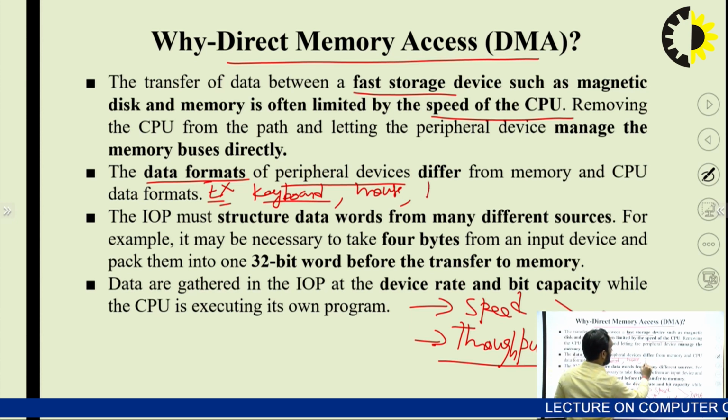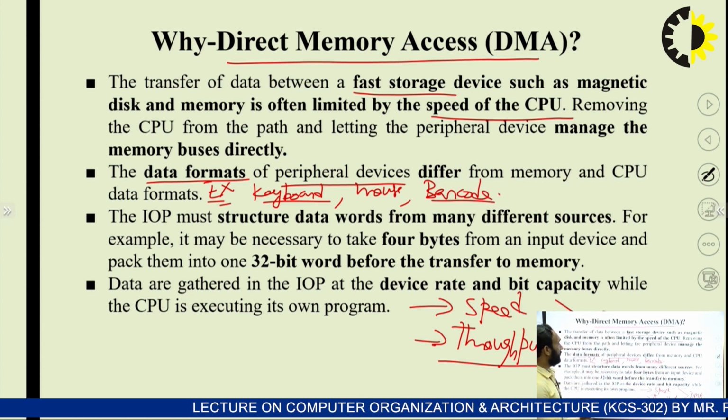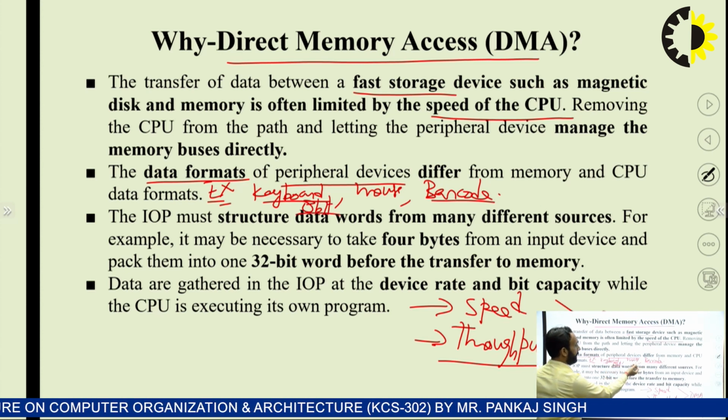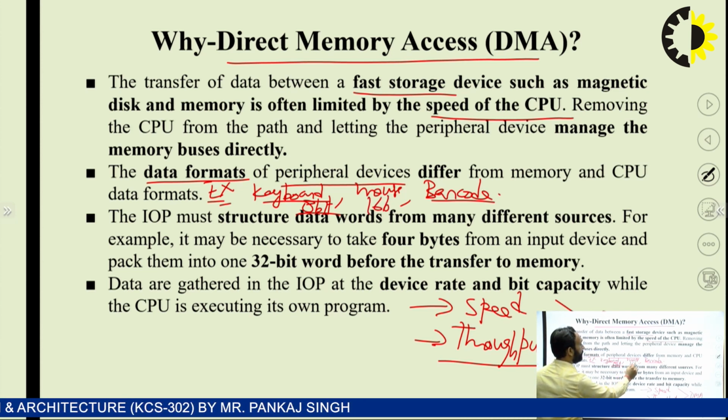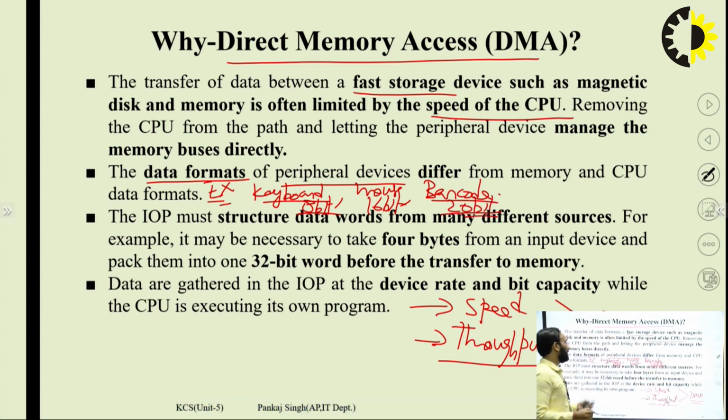Similarly, a barcode reader has a different input format. It may take 8-bit input, or, just as an example, 16-bit input, or a barcode may take 20-bit input at a time. But the machine's capability is to process in terms of 32-bit or 64-bit.